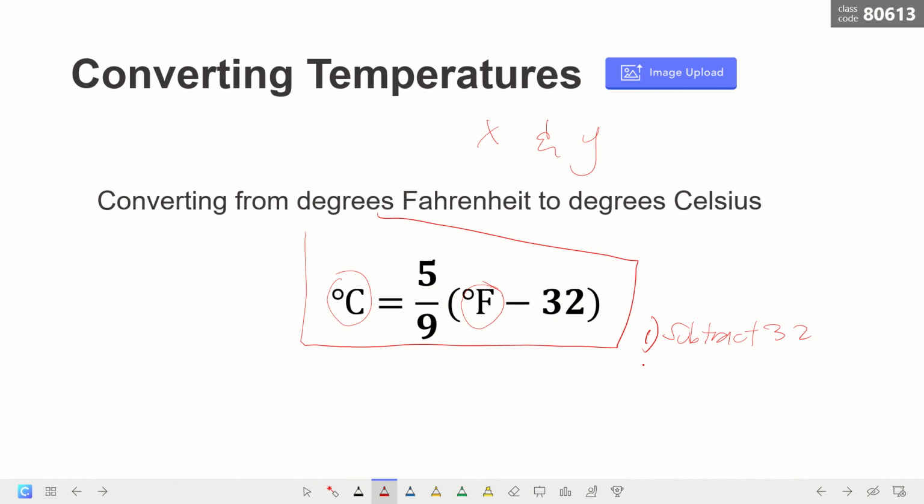So, second step natin is we multiply it by 5. And then, yung last step natin is divide it by 9. So, step 3 is divide by 9.